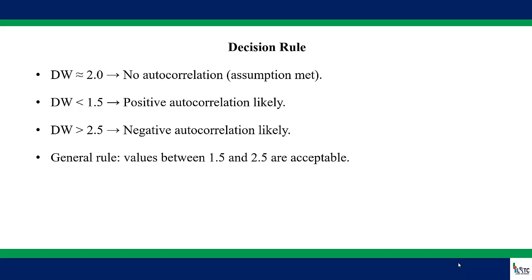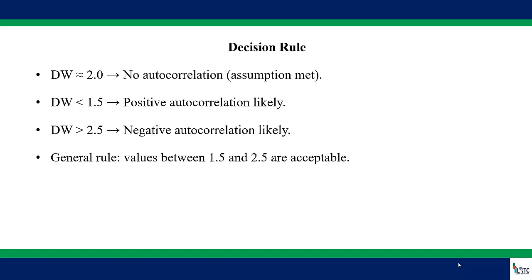So in that case, you can proceed with your analysis. But in a situation whereby the value of the DW is less than 1.5, then there is a positive autocorrelation. Also, in a situation whereby the value of the DW is greater than 2.5, then we say there is a problem of negative autocorrelation.